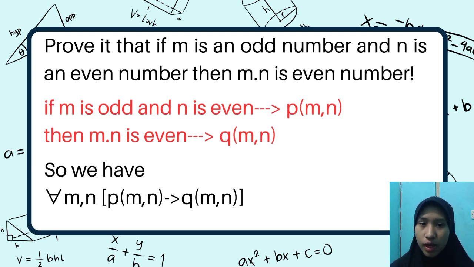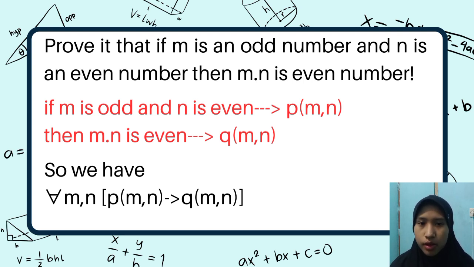Prove that if m is an odd number and n is an even number, then m multiplied by n is an even number. So we will prove that m times n is an even number. The first step we have to do is analyze which is p and which is q to make the implication.